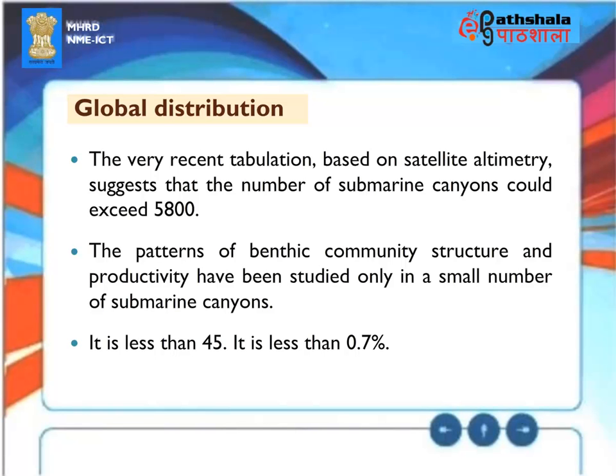The very recent tabulation, based on satellite altimetry, suggests that the number of submarine canyons could exceed 5,800. The patterns of benthic community structure and productivity have been studied only in a small number of submarine canyons. It is less than 45. It is less than 0.7%.